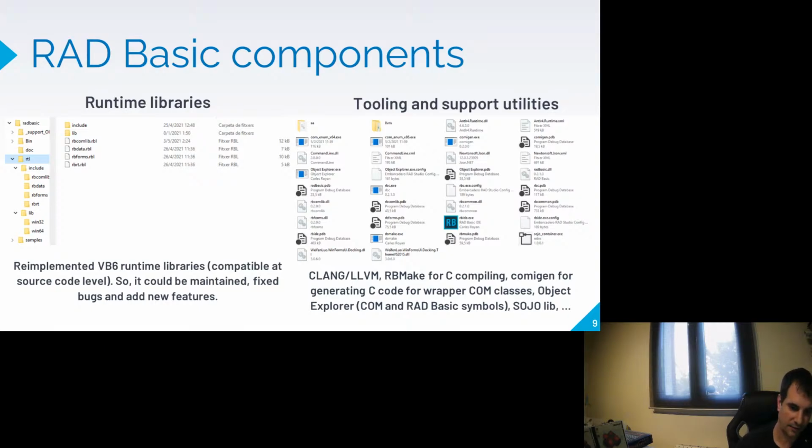There are utilities like RBMake that help to do the compiling part. There are other utilities such as Comigen for generating C code for COM classes for ActiveX, and others seen in past videos such as Object Explorer, Social Library, etc. And as development goes further, there could be newer ones.